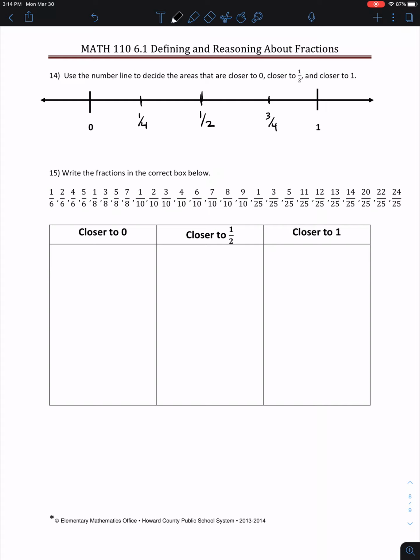So the way I look at it is if it's somewhere between 0 and 1/4, I would say it gets closer to 0. If it's between 1/4 and 3/4, I should draw it underneath, then I would say that's closer to 1/2. And then if it's closer to 3/4 to 1, then I would say that's closer to 1 in that case.